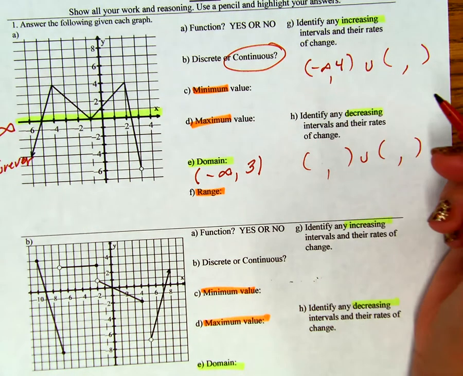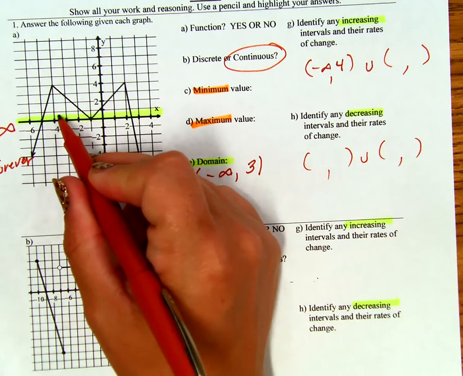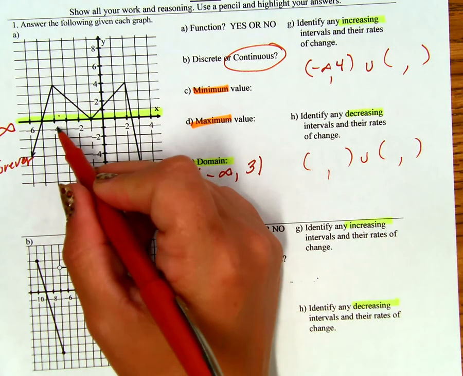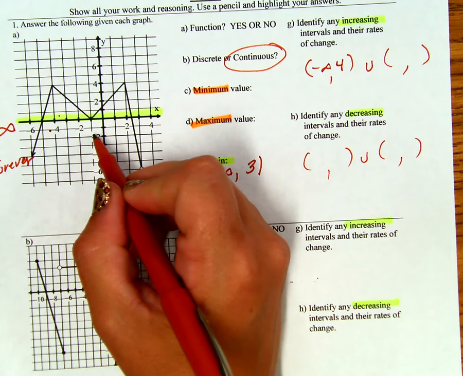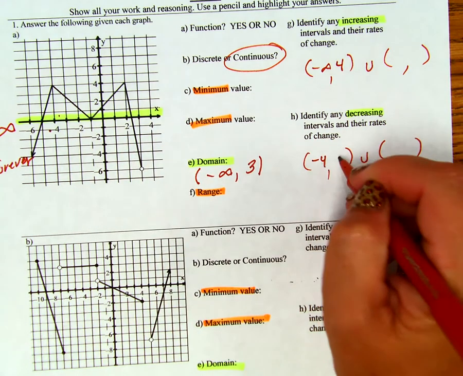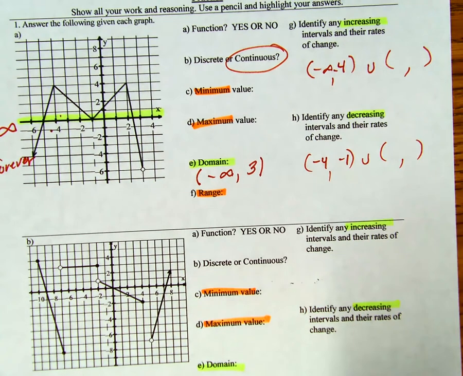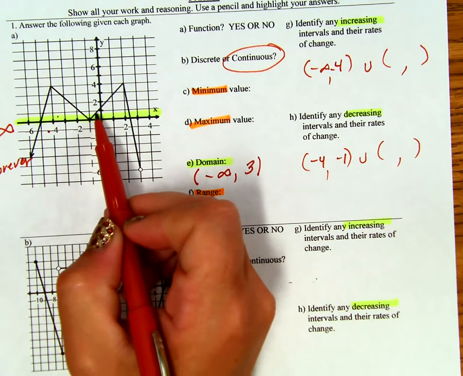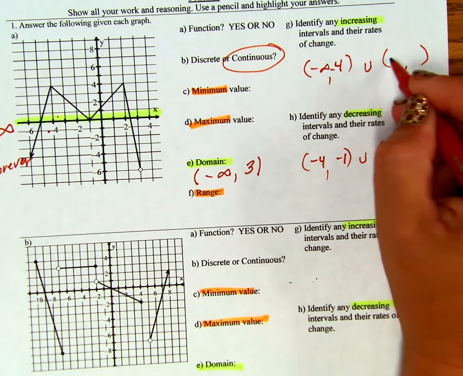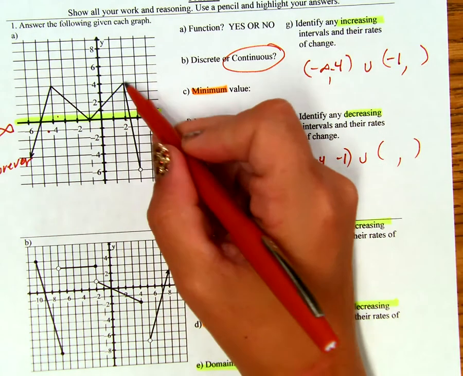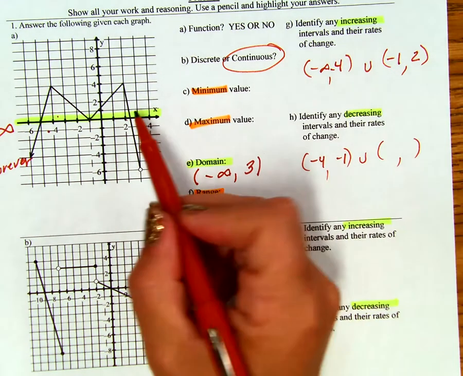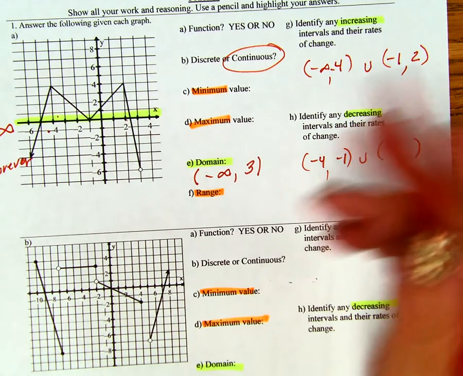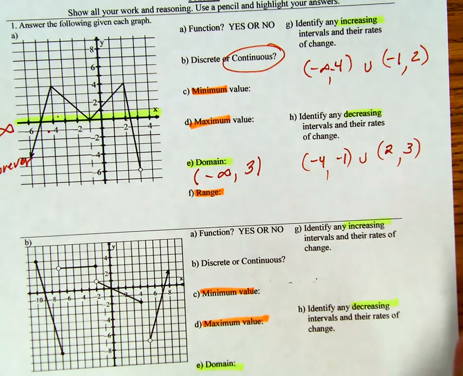it's increasing. And then from negative 4 to negative 1, sorry about that negative, it's decreasing. Then it starts at negative 1 going up again from negative 1 to 2. And then it starts from 2 to 3 going down again.